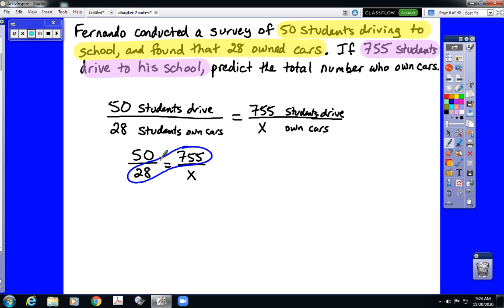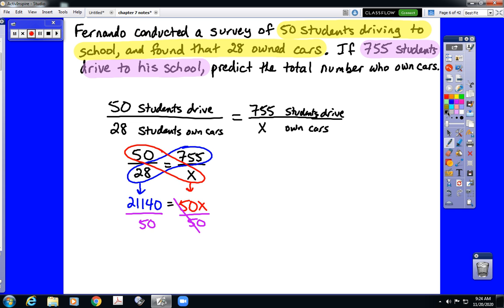So 28 times 755 is, use your calculator, 21,140 equals 50 times x, which would be 50x. That is a one-step equation we need to solve, so we divide by 50 on both sides.